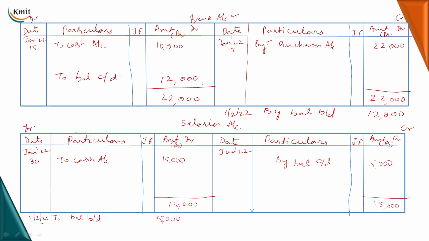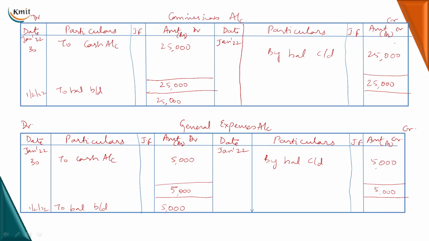Similarly, the next account is balanced here. So the brought down balance is 15,000 here. Brought down balance of commission received account, commission paid is 25,000, and journal expenses to the extent of 5,000.